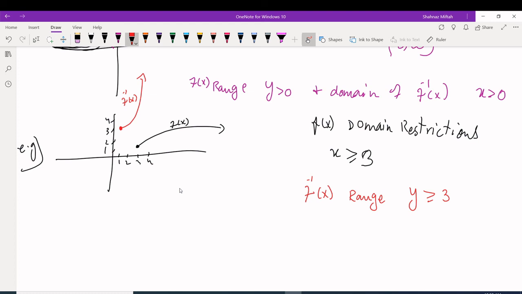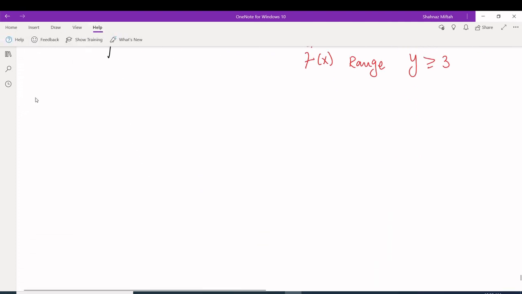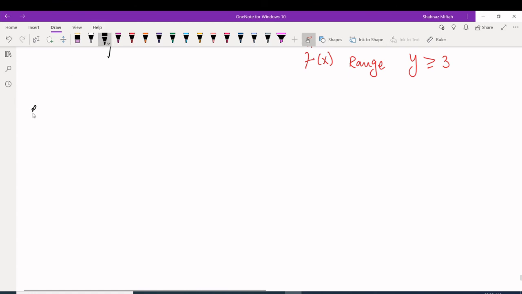Okay, now there is just one last question that I want to share with you guys. And that last example is right here. One is f of x equals x squared plus 3.